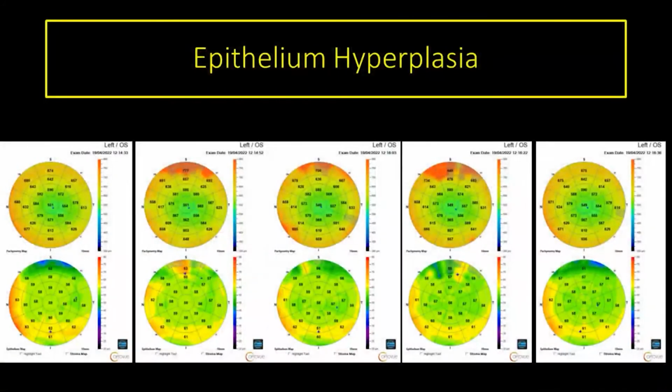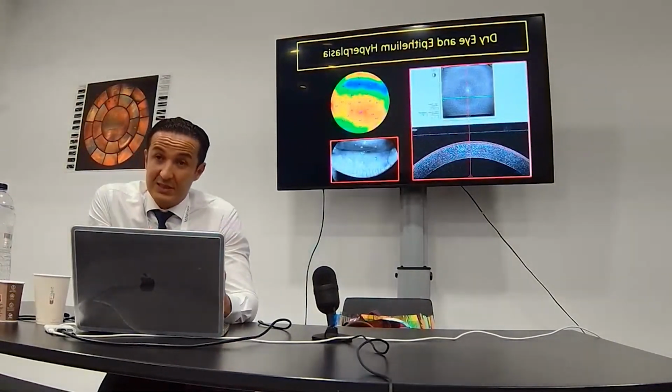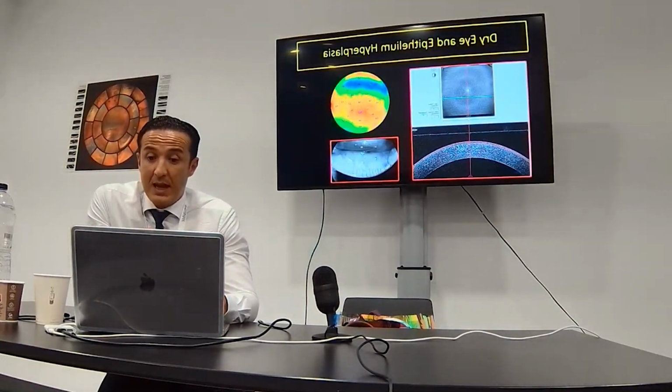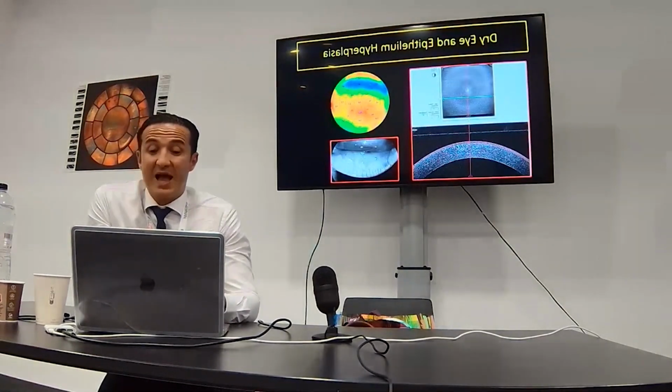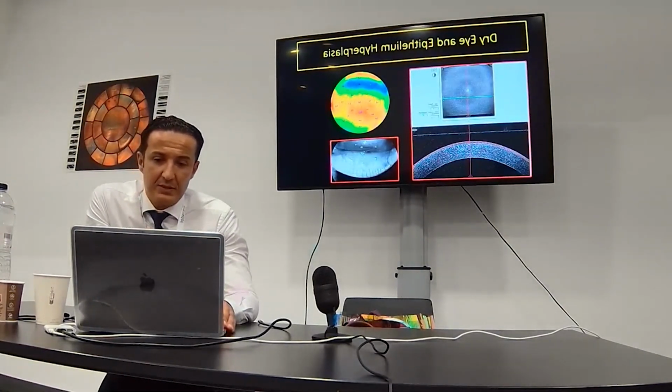And look here, we observe in epithelium mapping the good stability of the information and this hyperplasia. We checked with the en-face OCT, with the slab, the good thickness of the epithelium and confirmed this hyperplasia in this case of meibomian gland dysfunction.